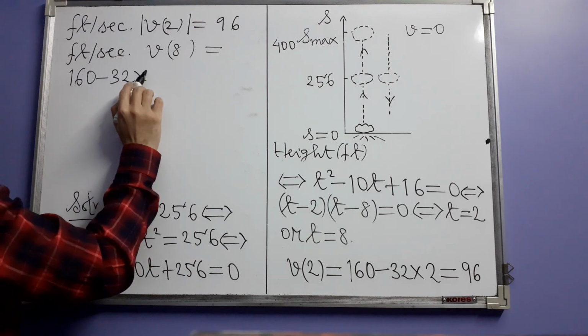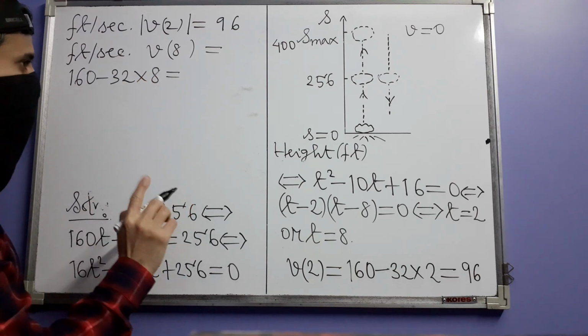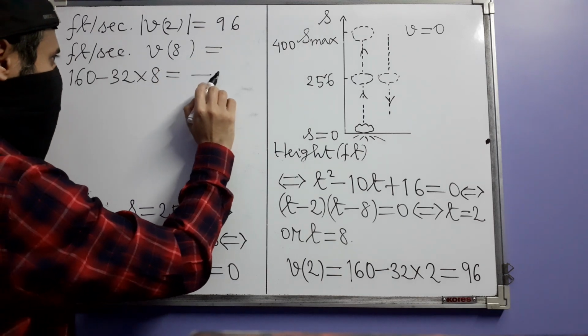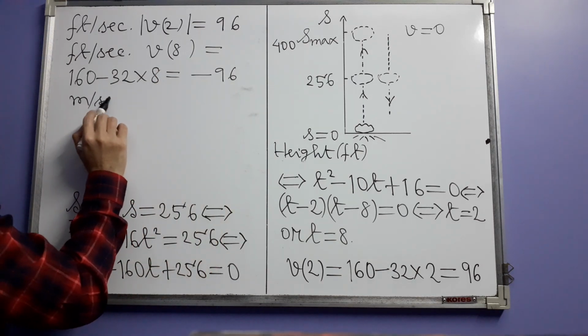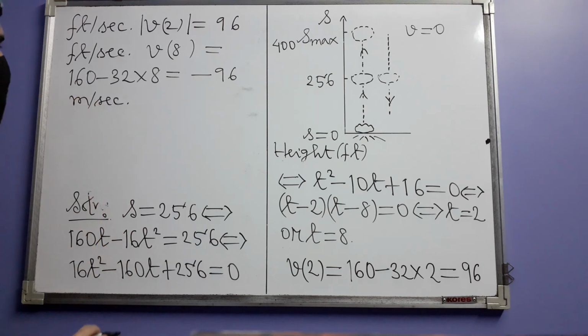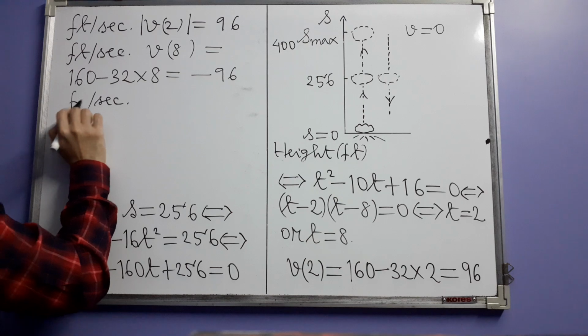Minus 32 times 8. This time if you do the calculation, you will see that it becomes minus 96 feet per second.